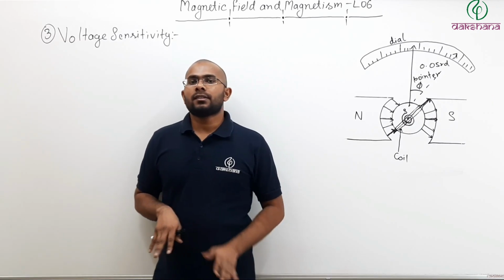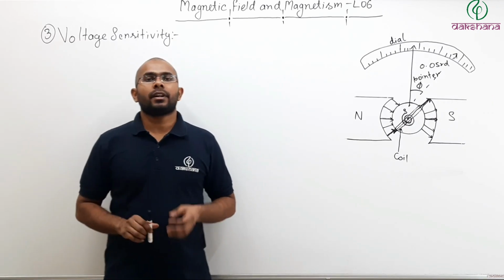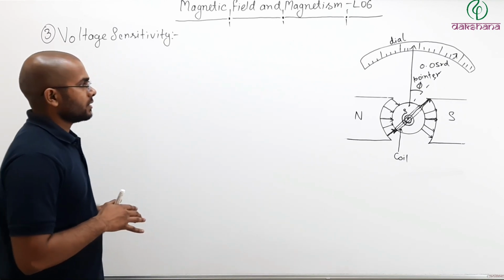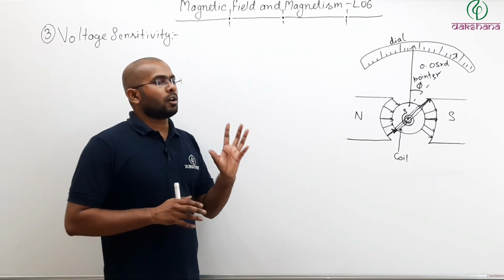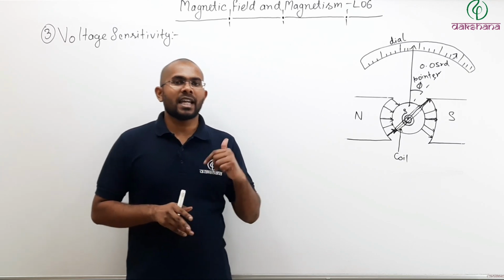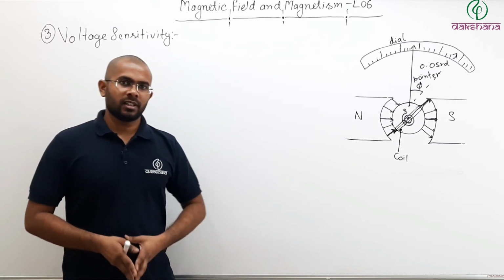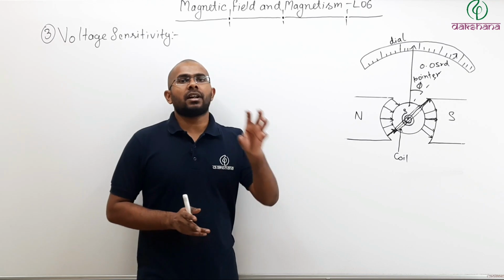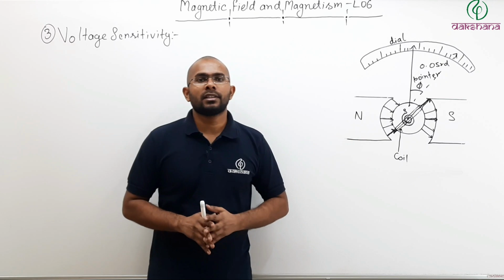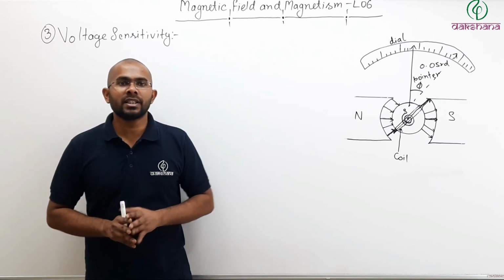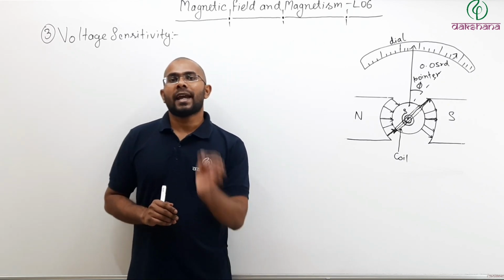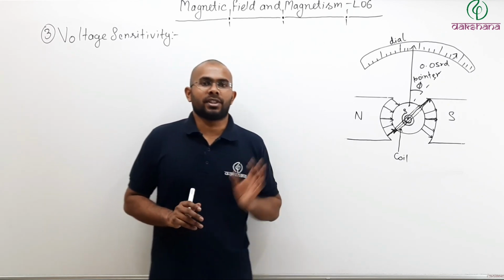So now let us discuss what is the voltage sensitivity of your galvanometer. A galvanometer works on the basis of current. It detects the current. But as we will see in the next lecture, a galvanometer can be converted to measure the magnitude of current or the voltage, meaning a galvanometer can be converted into an ammeter or a voltmeter.